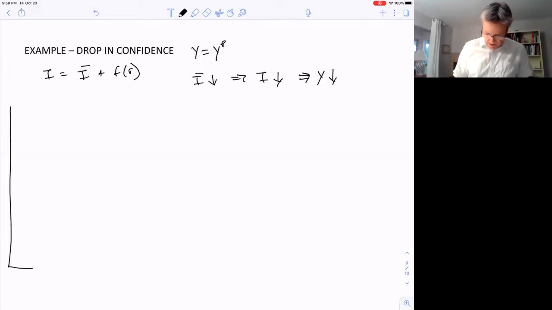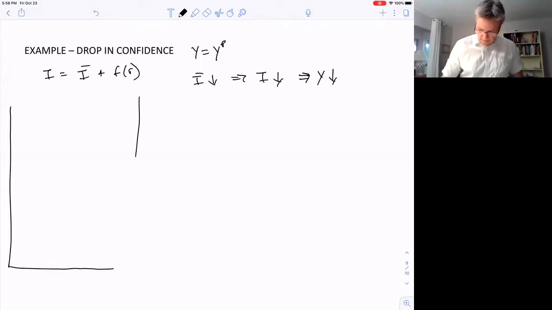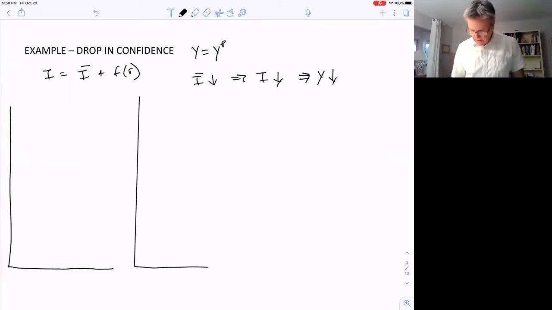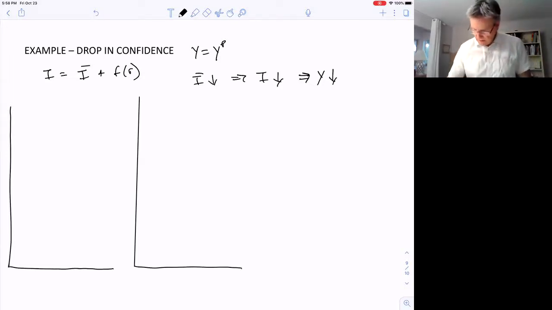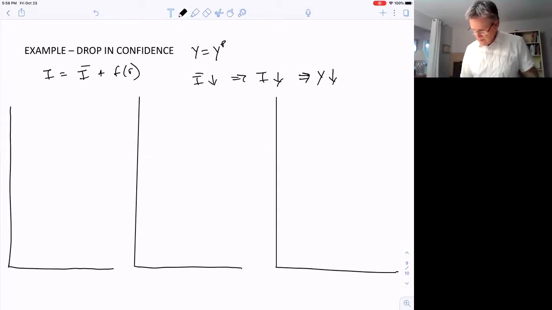I'm going to draw the IS curve, and the LM curve, and the aggregate demand curve once again.